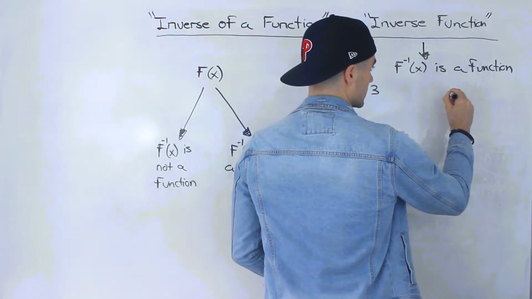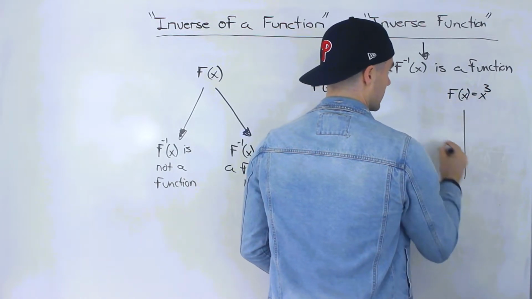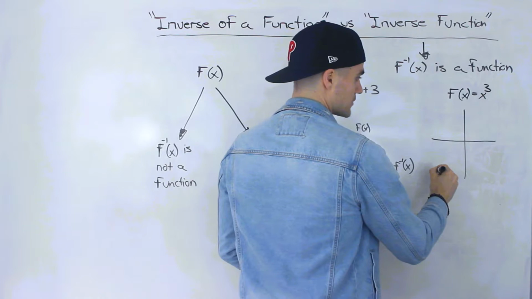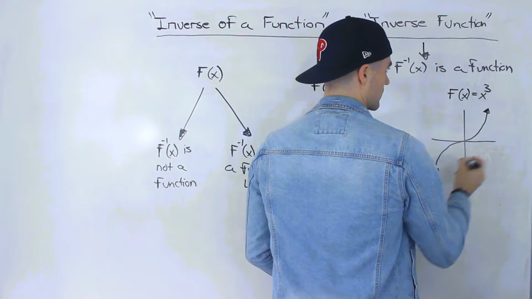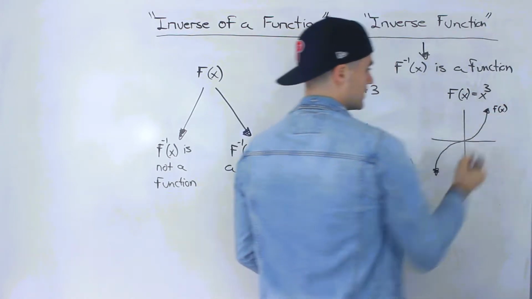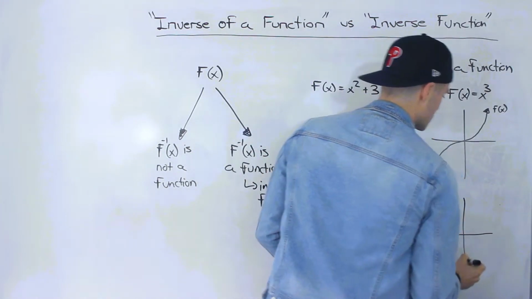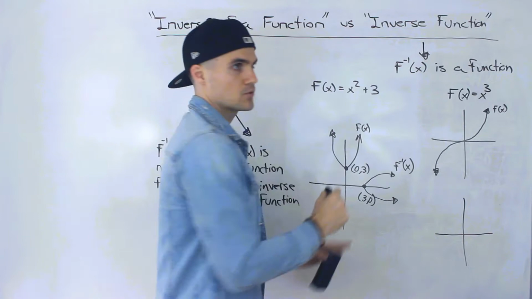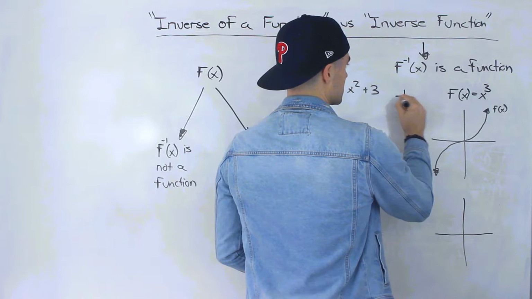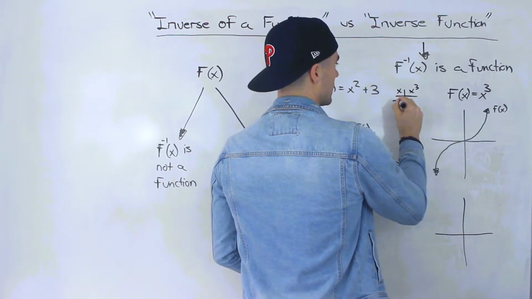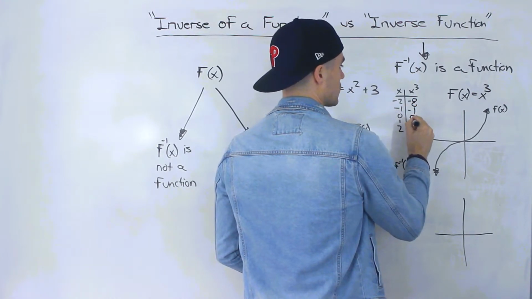But let's take another function, x cubed, for example. Let me just draw out a table of values for it. For x cubed, we have x values of -2, -1, 0, 1, 2, so we'd have -8, -1, 0, 1, and 8.